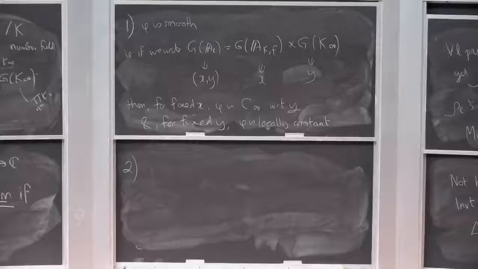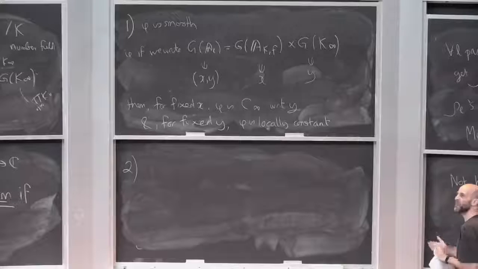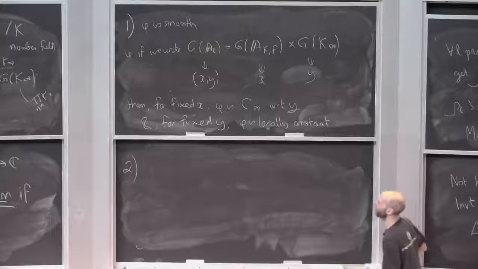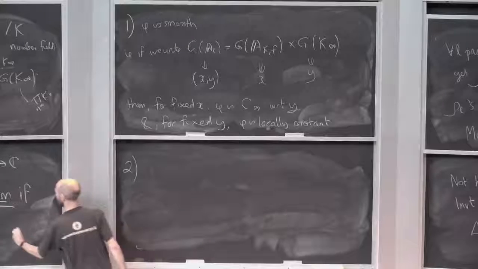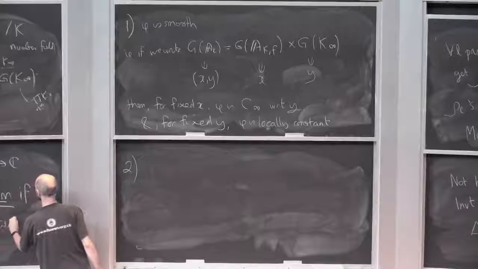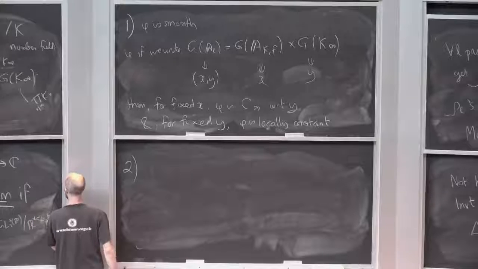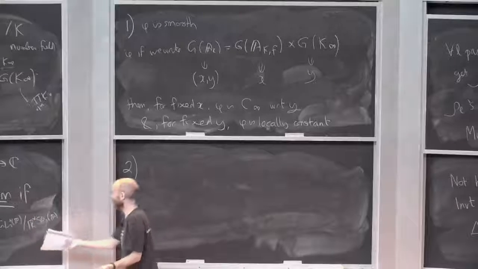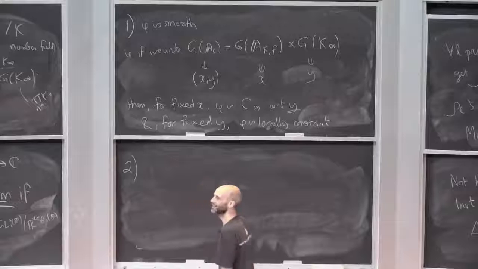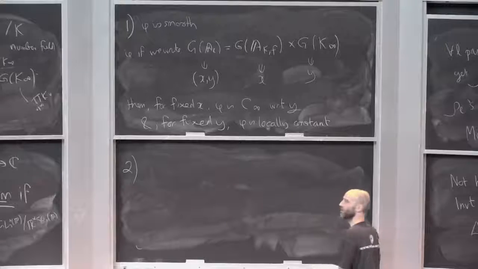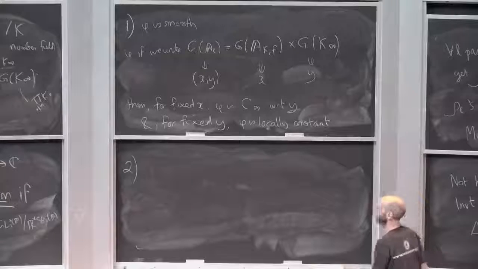In fact, why the heck are we interested in complex differentiable functions? Because this upper half plane isn't a complex manifold, right? The upper half plane is GL2 plus R, the following real manifold, modulo R star SO2R. I mean, why the heck would we be interested in holomorphic functions?